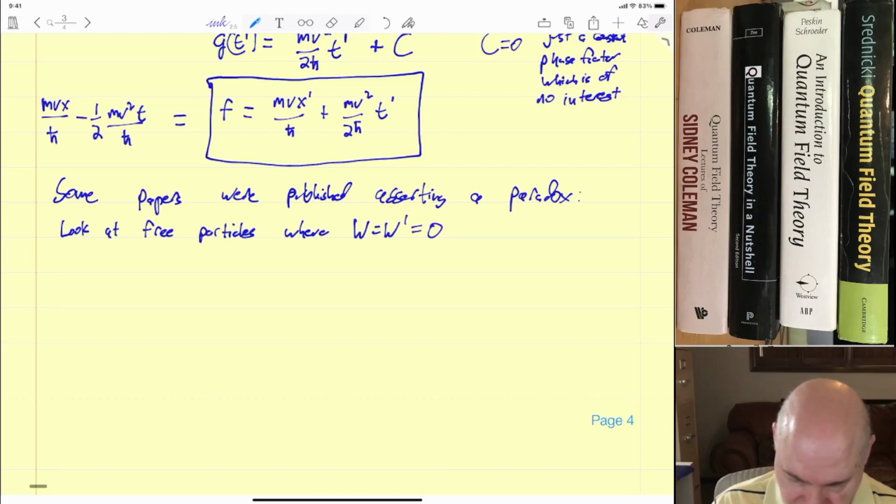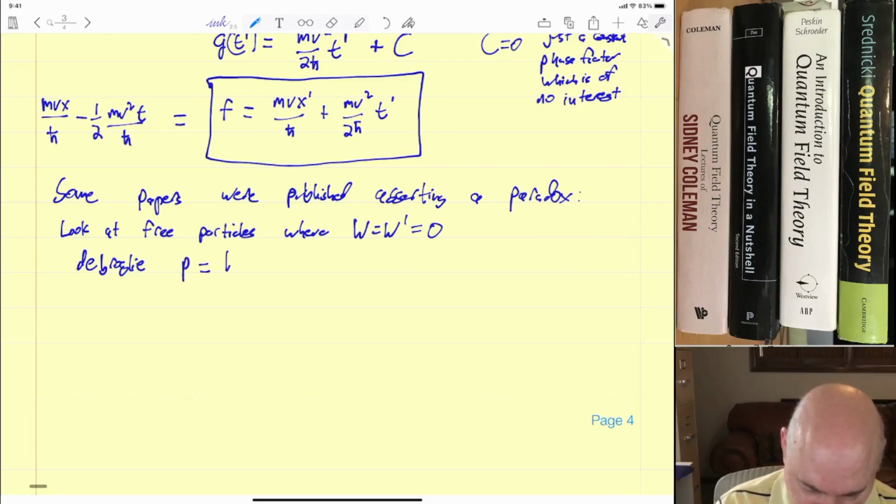We know from de Broglie, I keep on pronouncing that guy's name wrong, and I don't spell it right either. Anyway, we know from his work that P is equal to h over lambda, not h bar, h, because we're using lambda.